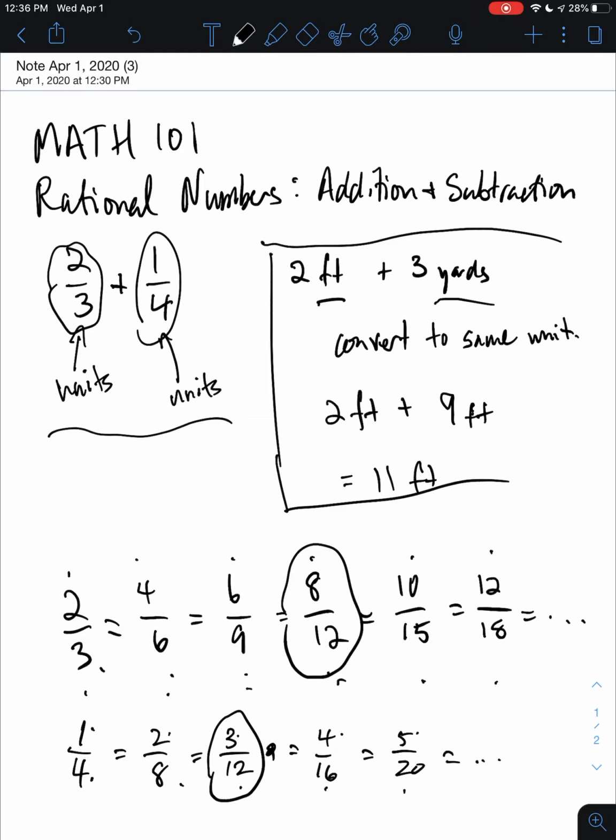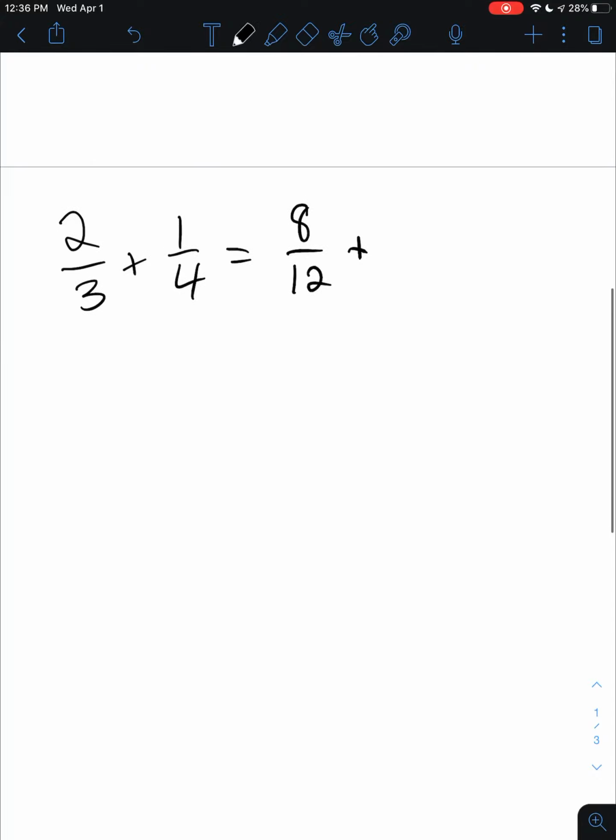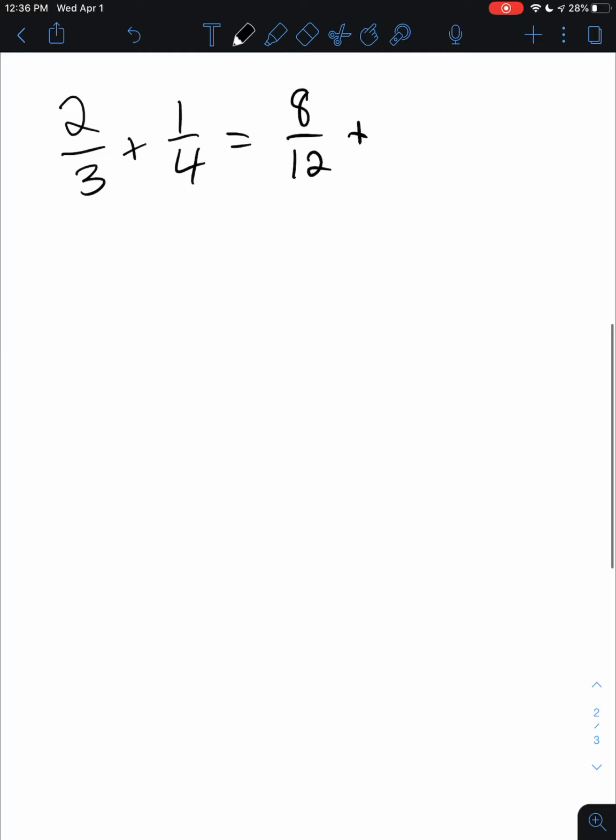Let's see what this does to my problem now. I know 2/3 plus 1/4 is equal to, I have 8 twelfths was a nice fraction that I found equivalent to 2/3, and 1/4 becomes 3 twelfths.